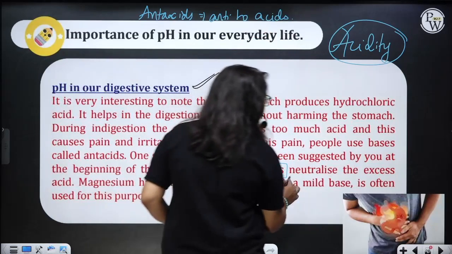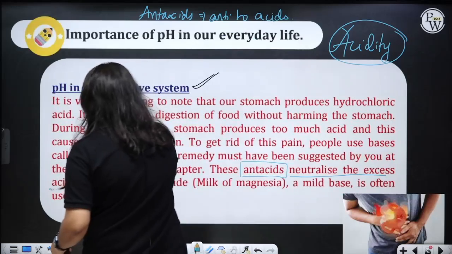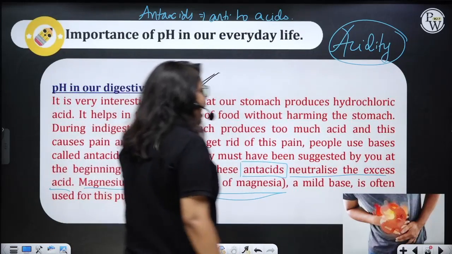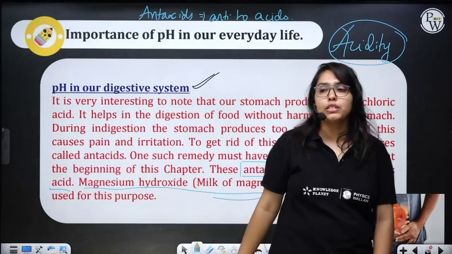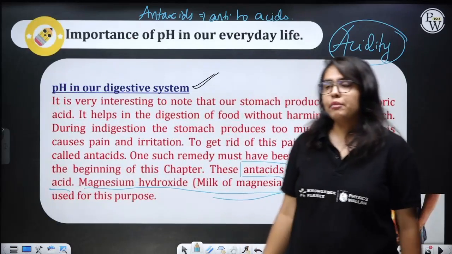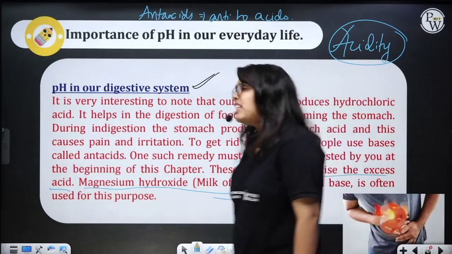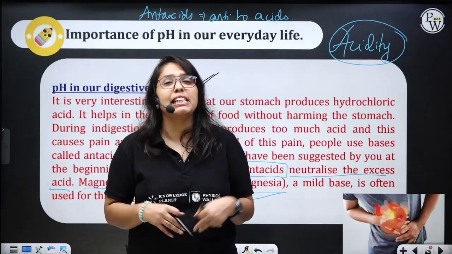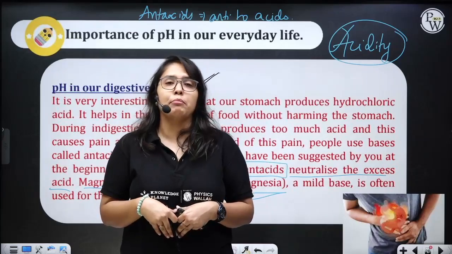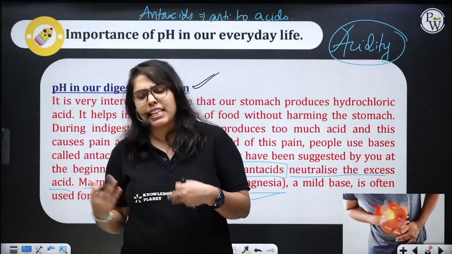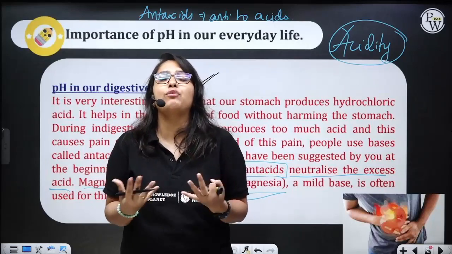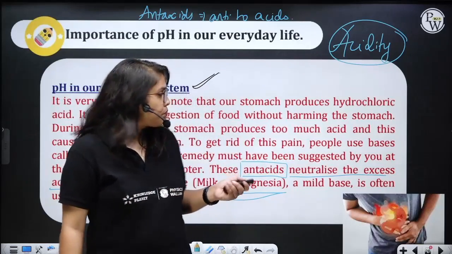They neutralize the excess acid. Magnesium hydroxide, that is milk of magnesia, a mild base, is often used as an antacid. Ma'am, but why do we have to do this? Well, acidity causes irritability and a burning sensation in your stomach. That is why it happens, either due to overeating or excessive oily food consumption.